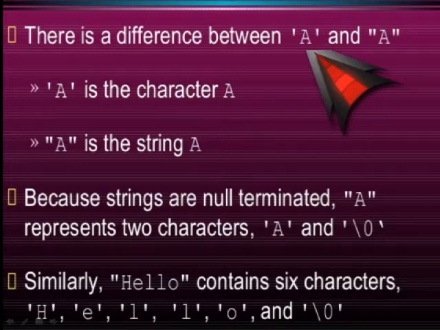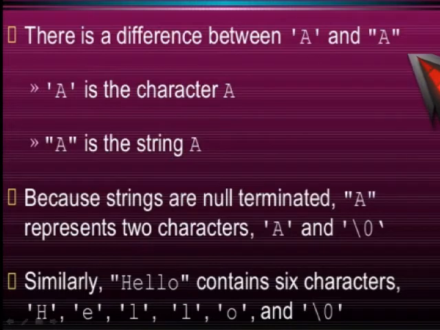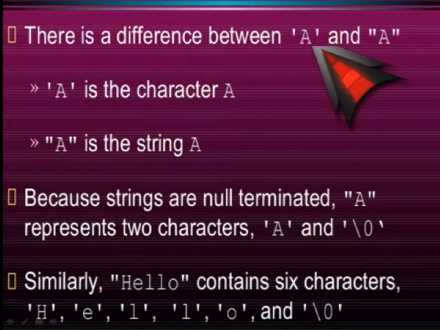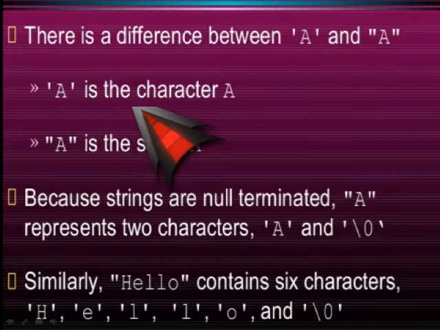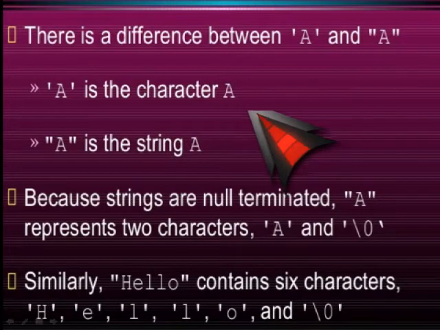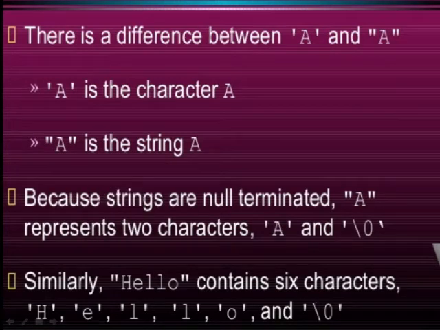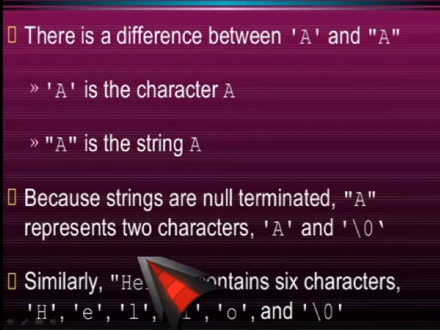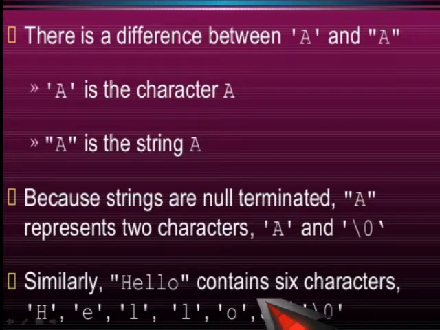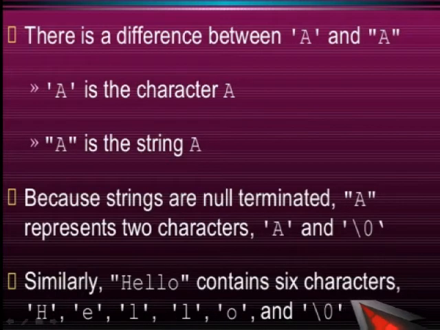Whenever I write A inside single quotation, it is a character, and whenever I write it inside double quotation, it is a string. Very important: if I look at "hello" closely, it actually consists of 6 characters, H E L L O, and the last one is the null value, which we do not use in our programs.